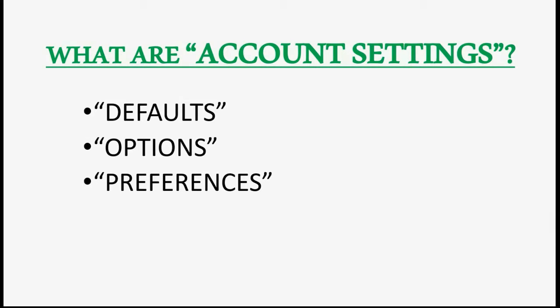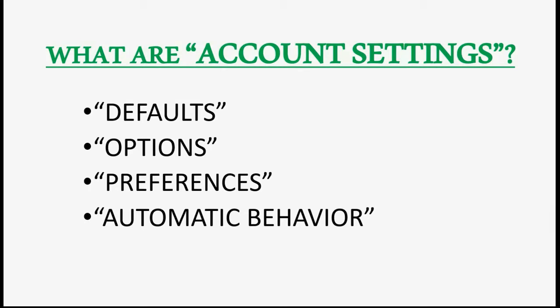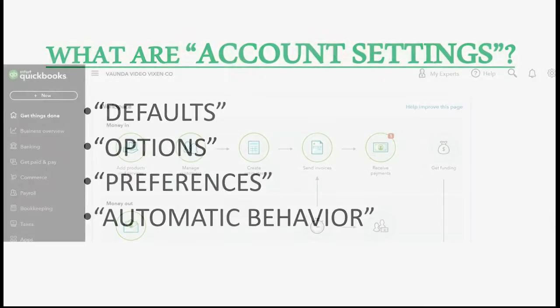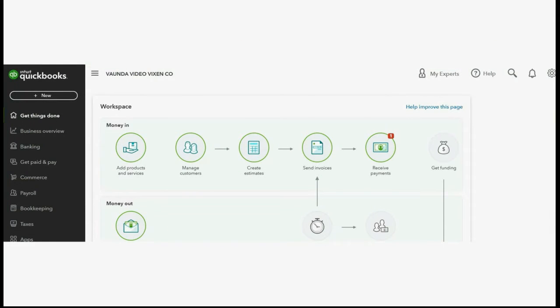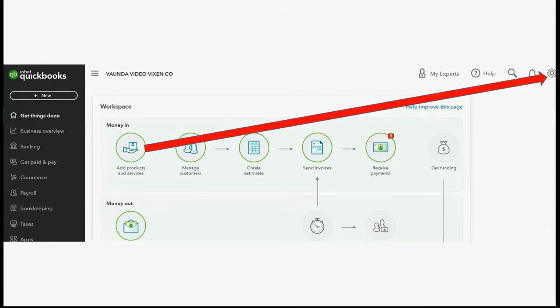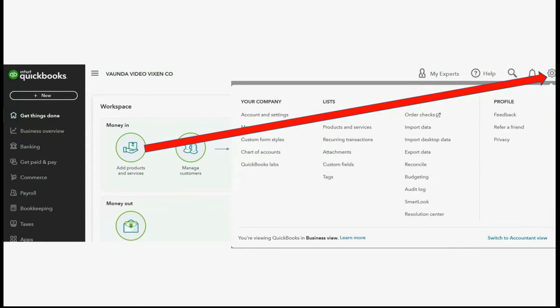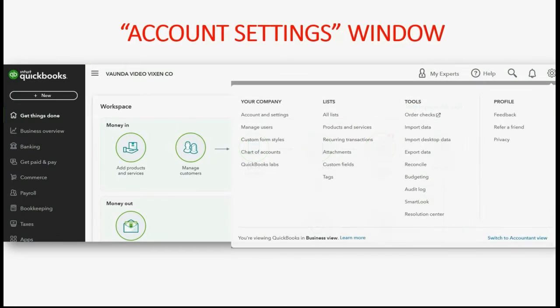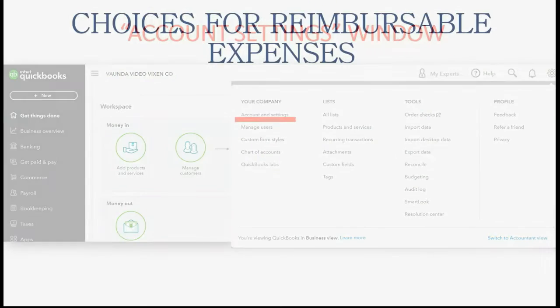In other words, it's the automatic behavior of the software until you specifically tell it differently. And you can open the settings window by clicking in the top right to get the cog wheel, and then that submenu opens up and account settings will be right in the top left. And again, it will be called company settings if you're using the accountant's edition.